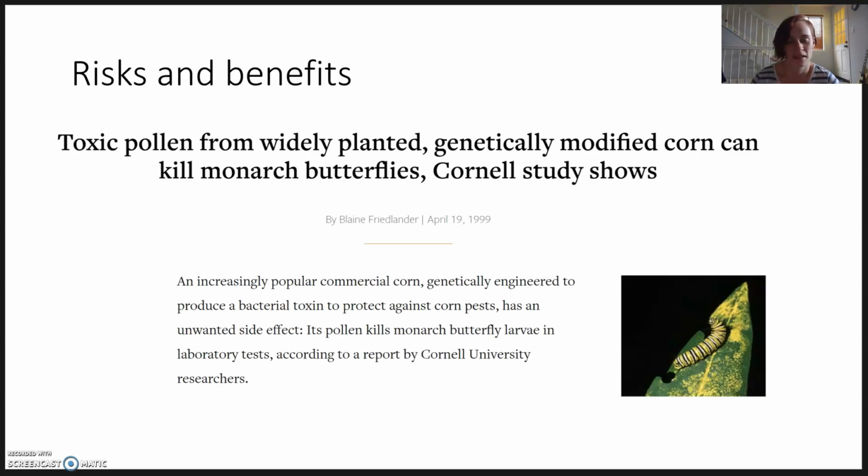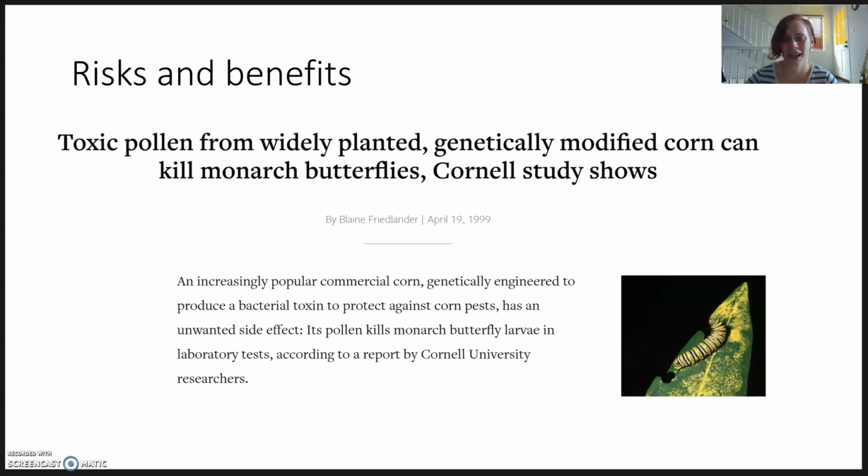There's a fantastic example. Early on there were concerns that a GM corn crop that was bred to contain a particular sort of toxin that a bacteria would make, which stopped requiring pesticides to be used on this crop. But they were saying a butterfly population that would land on a nearby plant would have that plant pollinated by the corn, and therefore their new plant would produce that toxin, and the butterflies were dying off.